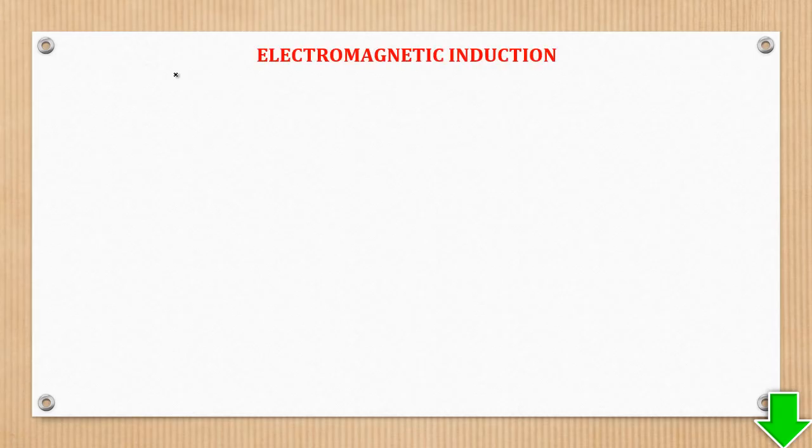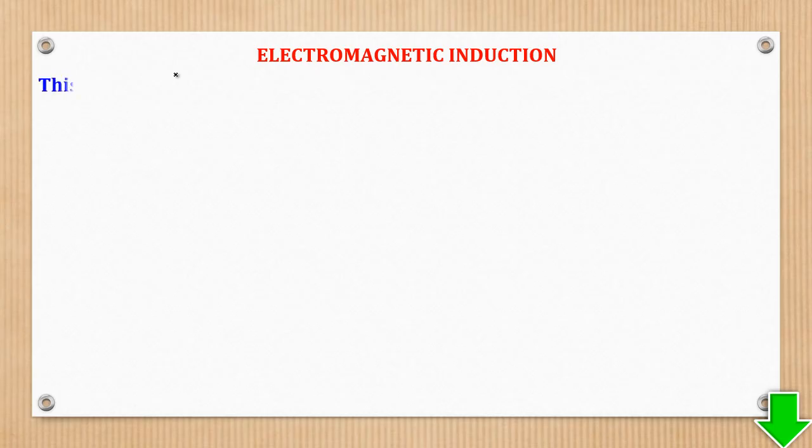Okay, so now we have understood the two terms, magnetic flux and magnetic flux linkage. When you know those two terms, you can understand what we call electromagnetic induction, because it all revolves around magnetic flux linkage.